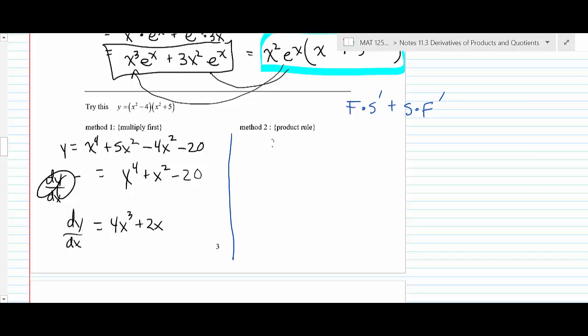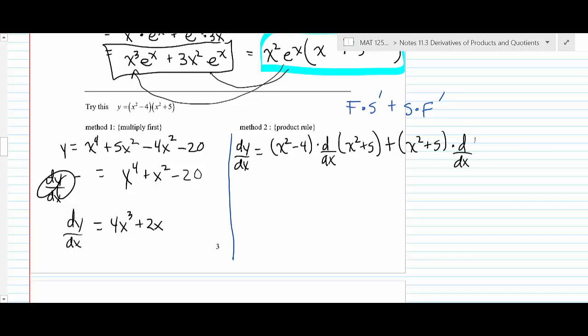Now, I just wanted to see if you got the product rule. So you want to set this up like this. You would go the first times the derivative of the second, and then backwards, plus the second times the derivative of the first, like that.